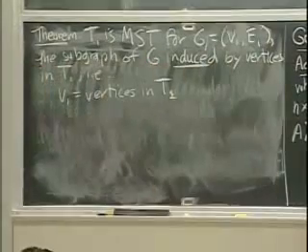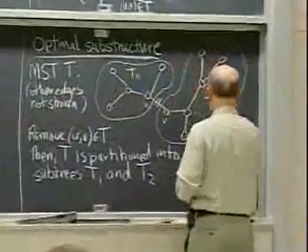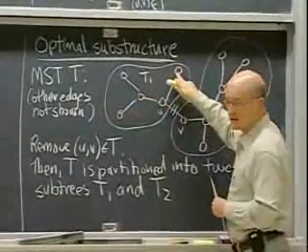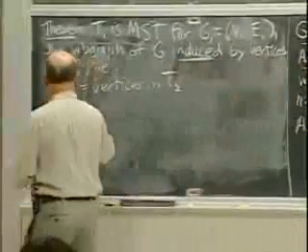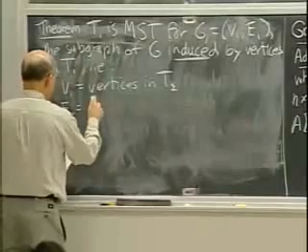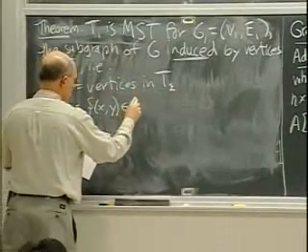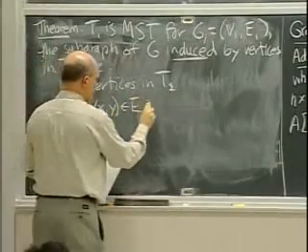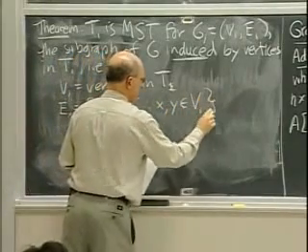So in this picture, I didn't label it, this is T1 and this is T2. These are the vertices of T1, so that's V1. And E1 is the set of pairs of vertices X and Y that are edges in E, such that both X and Y belong to V1.